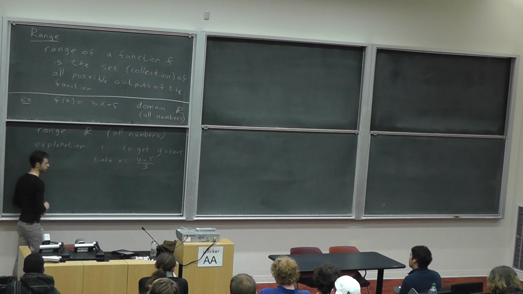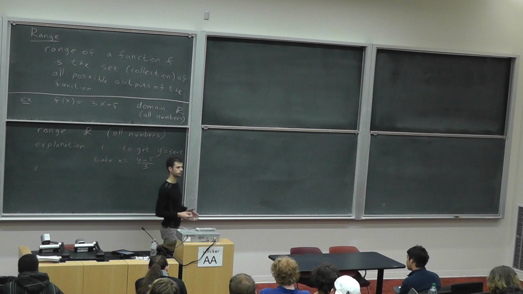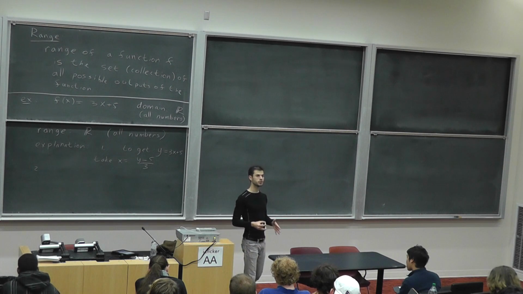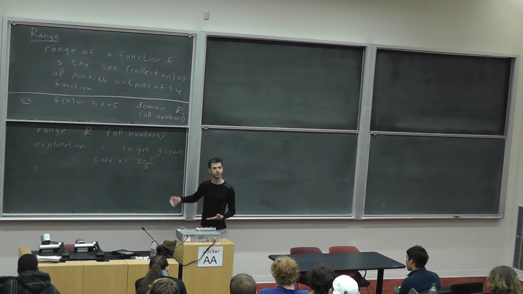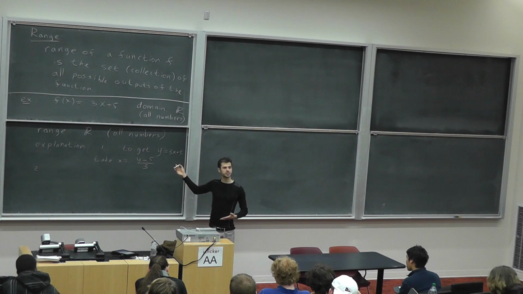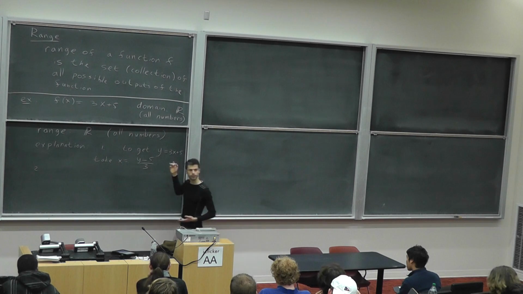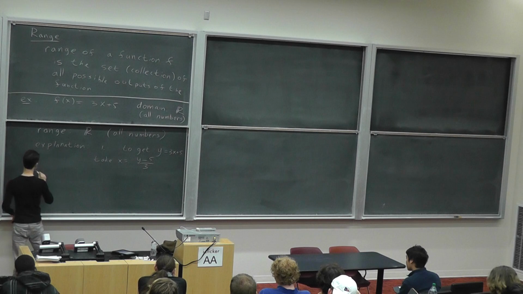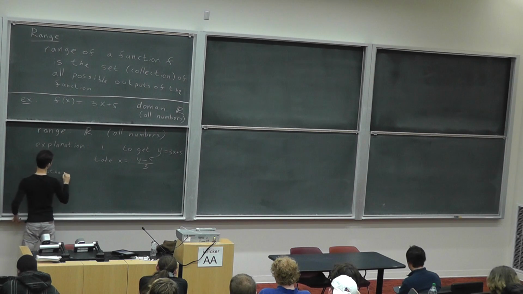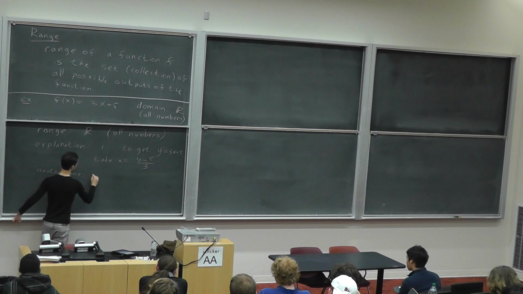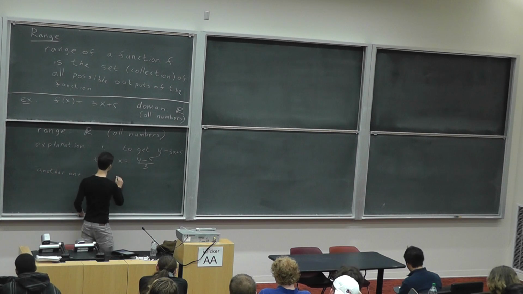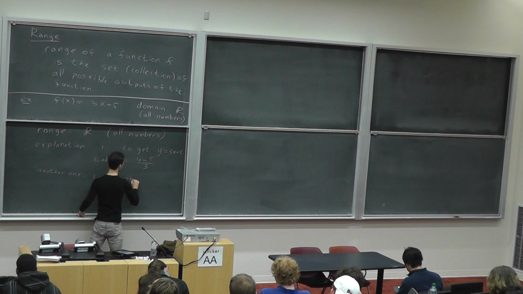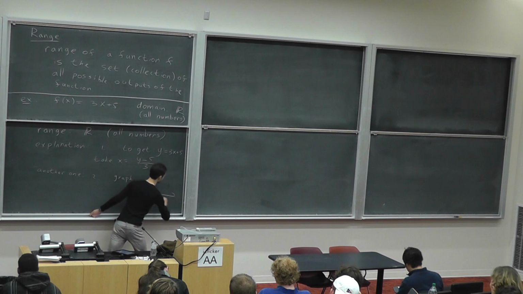Another explanation, which is maybe even better for our purposes, would be a graphical explanation. We already discussed graphs of such functions. So, the graph of this function, what is it?